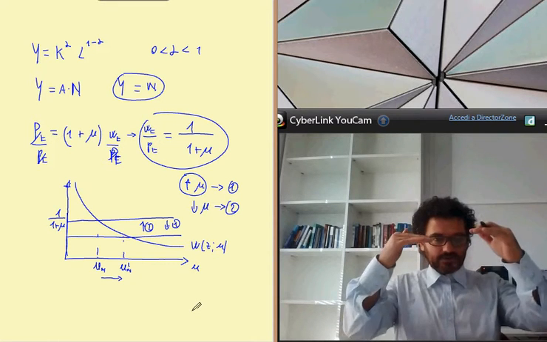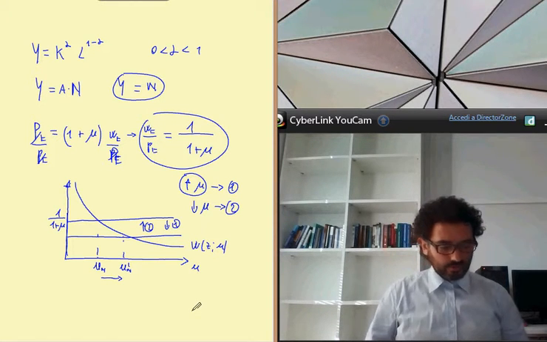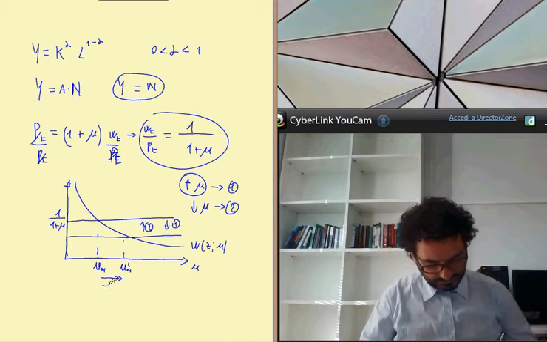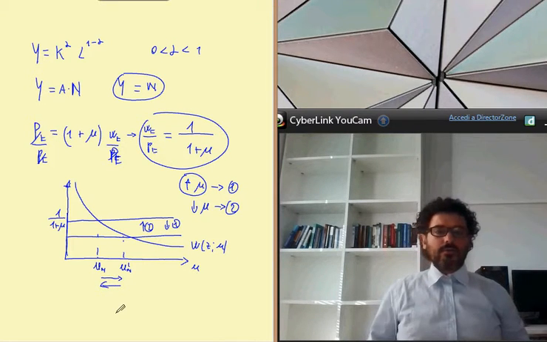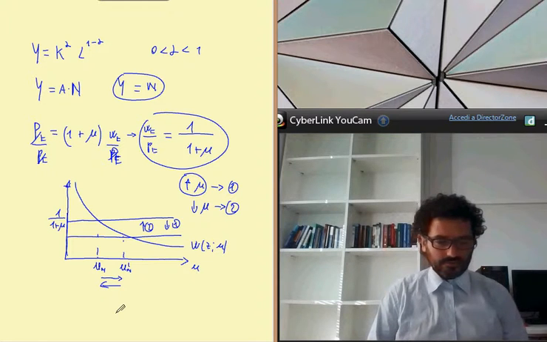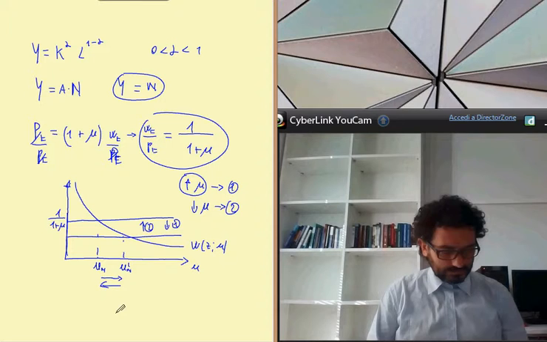And what we can say is that, in order to reduce the markup, antitrust policy is able to increase the level of competition within our economic system.